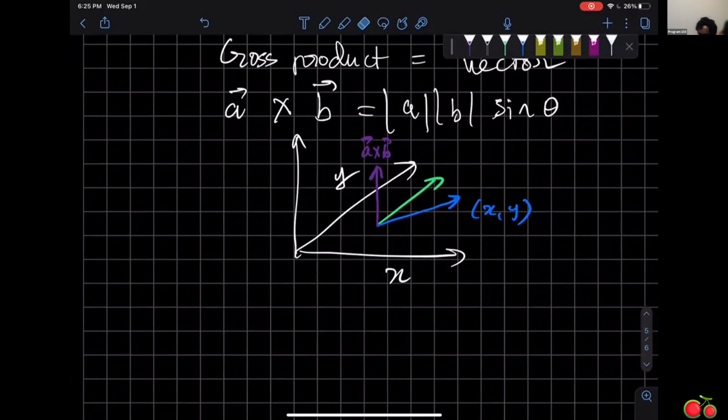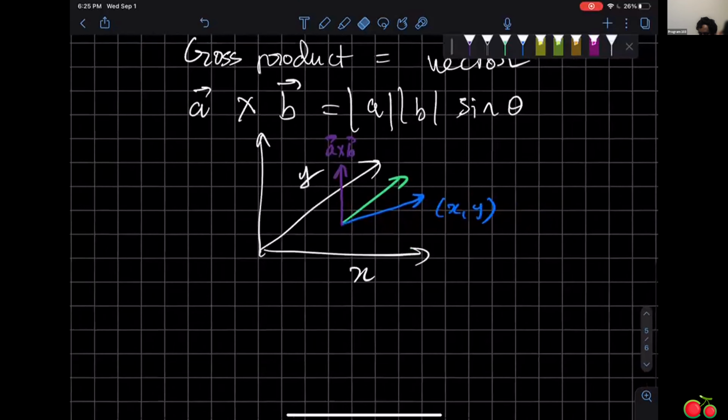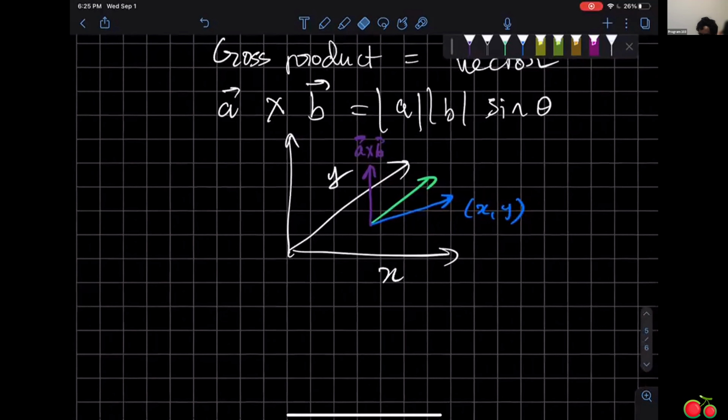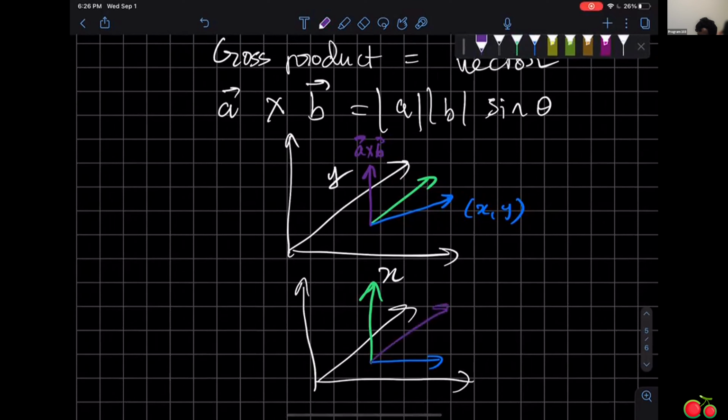The basic idea is that anytime you do a cross product, for any plane that you define, the cross product will always be perpendicular to the plane that's formed by these two vectors. So if I had another situation where my first vector was like this, and my second vector was like this, then my third vector would be like this. Okay, so this is my x, this is my y, this is my z.